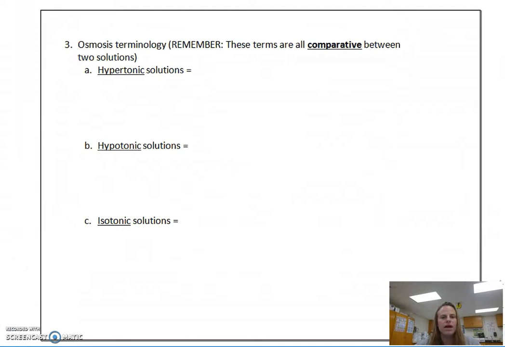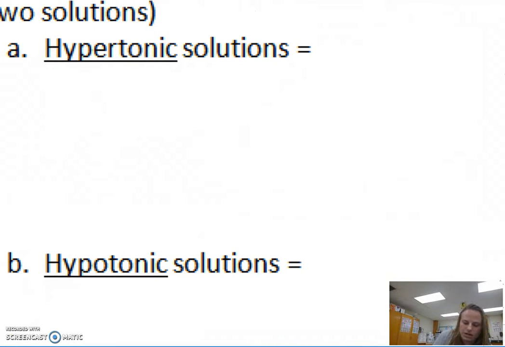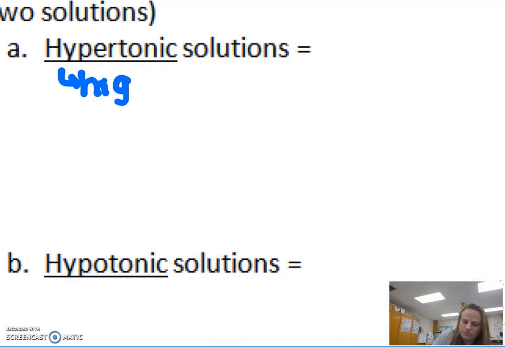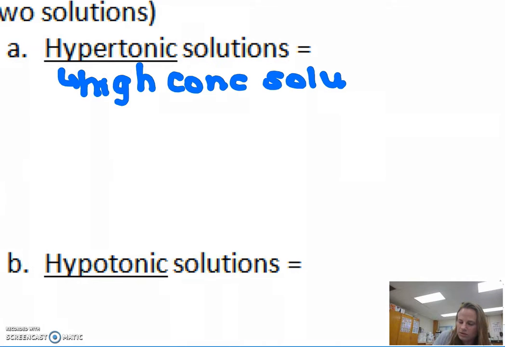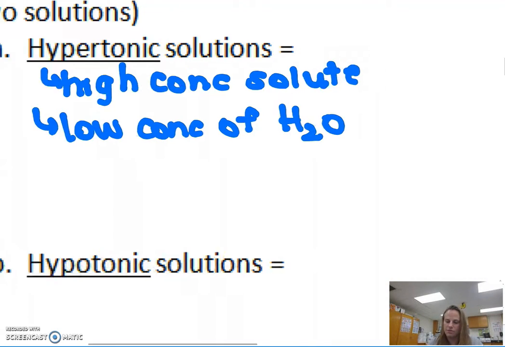So if I were to fill out my notes, how would I describe a hypertonic solution? Well, I might say that a hypertonic solution is a solution where there is a high concentration of solute, but I've got a low concentration of water. Now, let me give you this example.